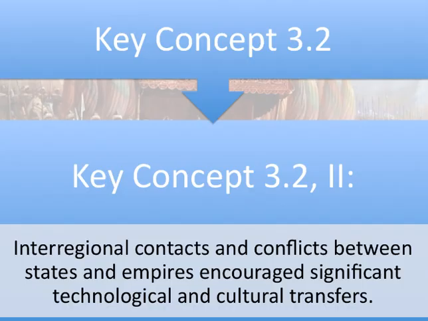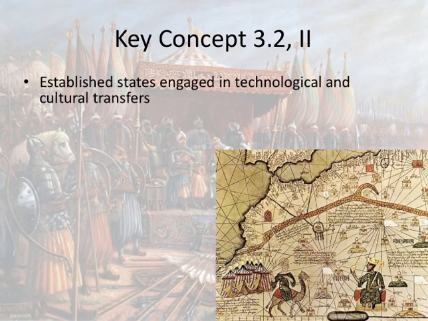Moving on to key concept 3.2, Roman numeral 2 states interregional contacts and conflicts between states and empires encourage significant technological and cultural transfers. So, the established states that we've discussed engage in technological and cultural transfers, which shouldn't be surprising considering this unit is mostly about interaction between these new states.